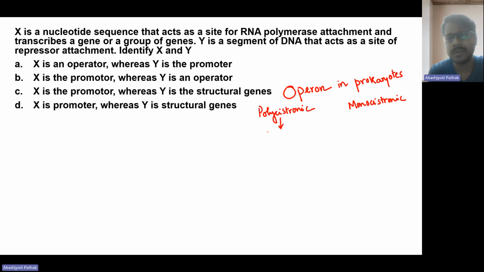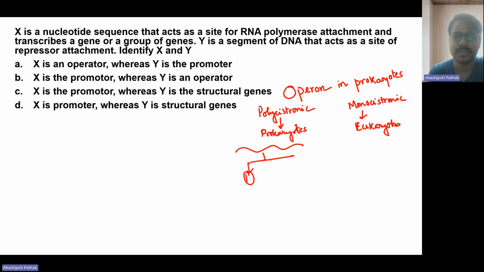Prokaryotes have polycistronic mRNA, and eukaryotes are monocistronic. Polycistronic basically means that more than one polypeptide will be synthesized from a single mRNA. So you have a single mRNA, and from the single mRNA, you can have more than one polypeptide. There can be several polypeptides synthesized, for example, three different polypeptides from a single mRNA.